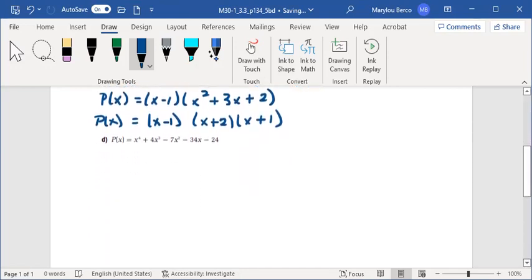Okay, D. P of x equals x to the fourth plus 4x cubed minus 7x squared minus 34x minus 24.